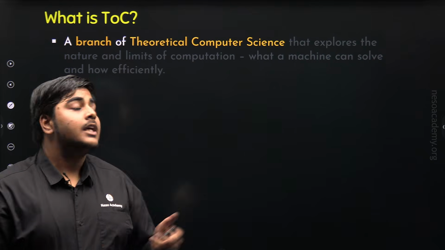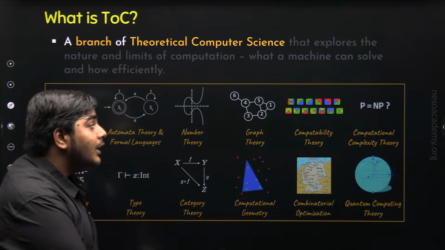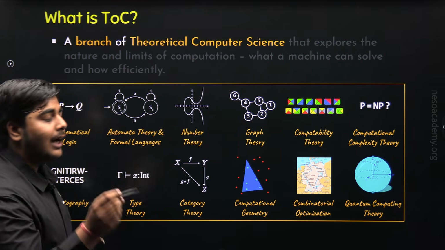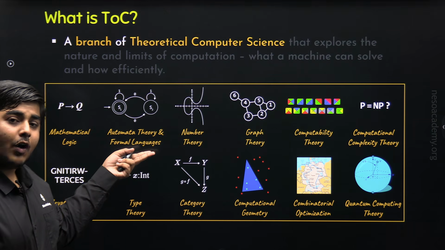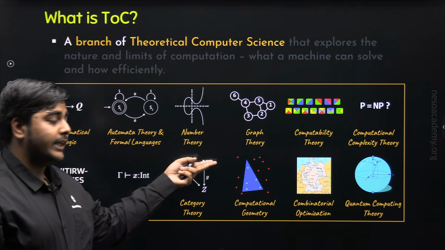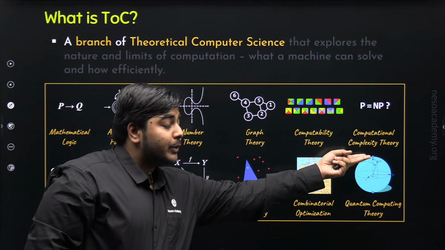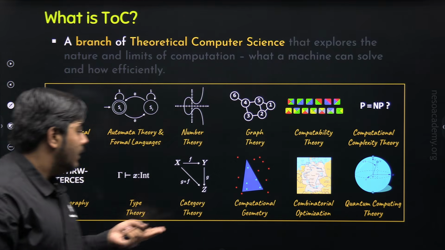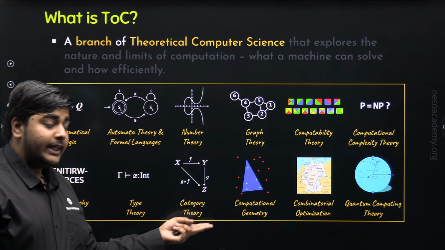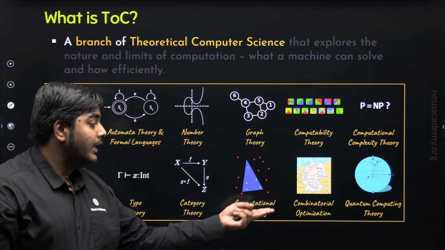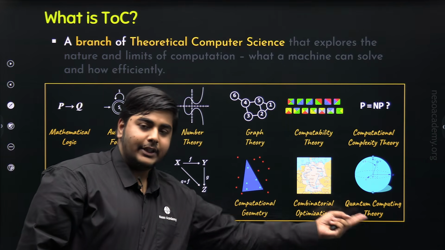In simple words, theoretical computer science is the area of study of all these subjects: mathematical logic, automata theory and formal languages, number theory, graph theory, computability theory, computational complexity theory, cryptography, type theory, category theory, computational geometry, combinatorial optimization, and quantum computing theory.